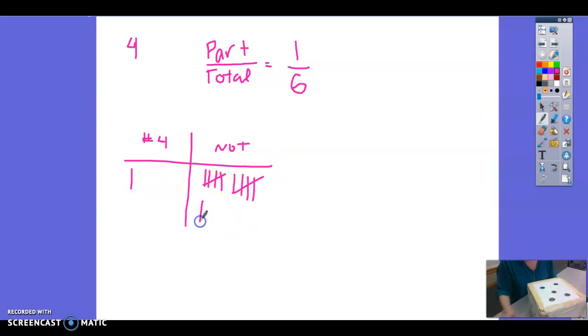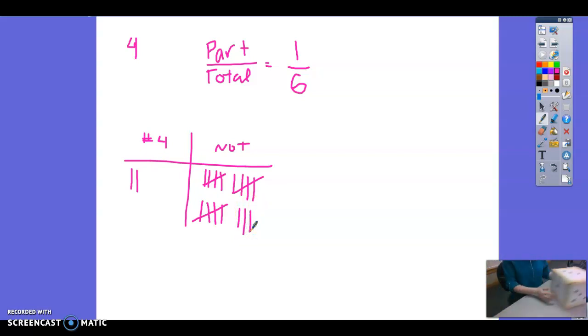If we were in class, you guys would be the one rolling this, so sorry, you just have to watch me do it. Still not a 4. Oh, we got a 4. It's not a 4. Three more times. Looks like that should be 20. It's not a 4. Come on, 4. Nope. Still not a 4.